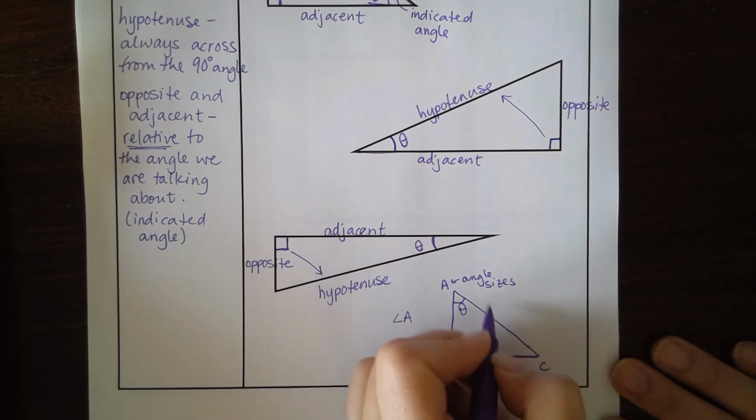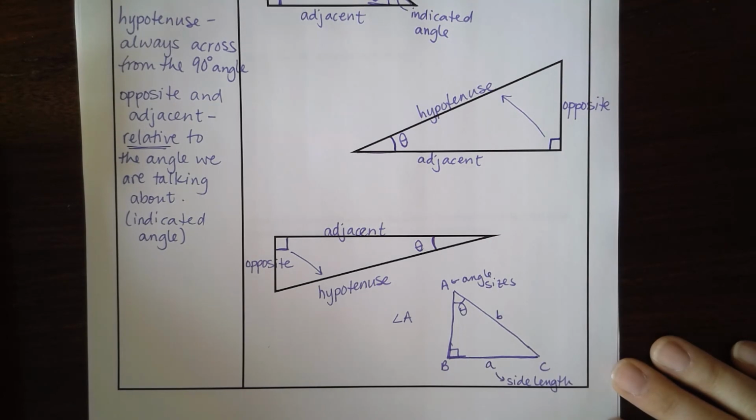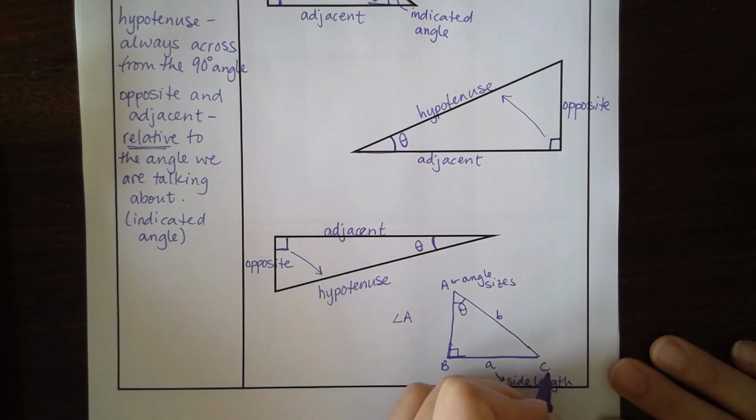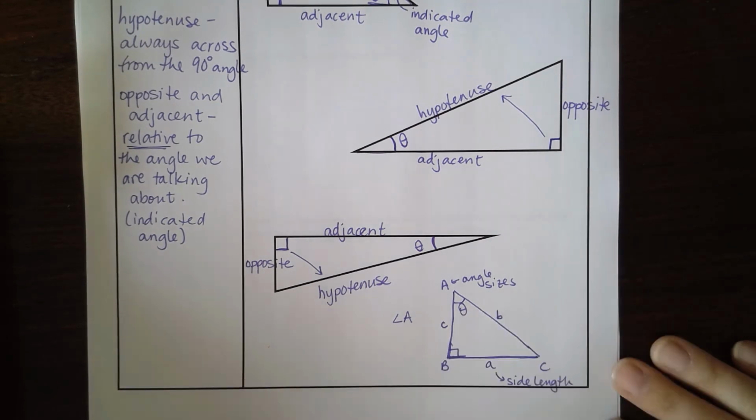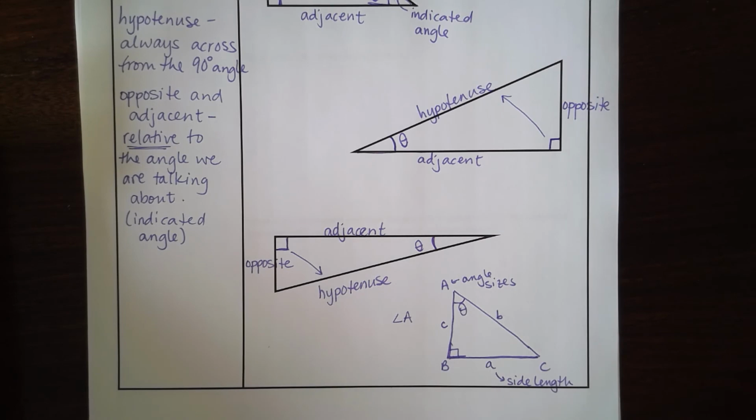Across from angle B is lowercase b for our side length, and across from angle C is lowercase c for our side length. Okay, so this just makes it a little bit easier to differentiate what we're solving for. Are we solving for a side length? Then we use a lowercase letter. If we're solving for an angle, we use an uppercase letter, as well as theta too. So we've got a couple of different ways that we'll have to take a look at these.